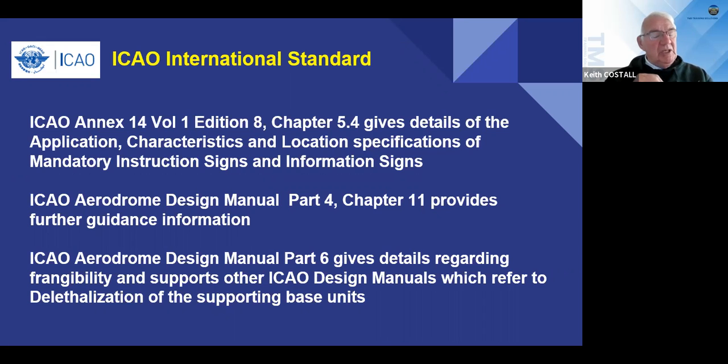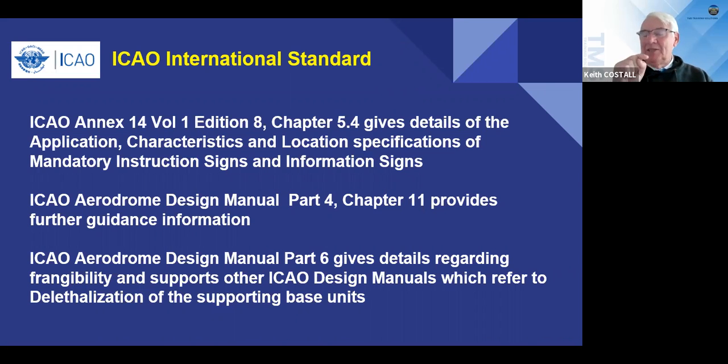Annex 14 is also supported by a set of aerodrome design manuals. There is a specific one, Part 4, which is about visual aids, and there is a specific chapter in there to give us additional information about guidance signs.